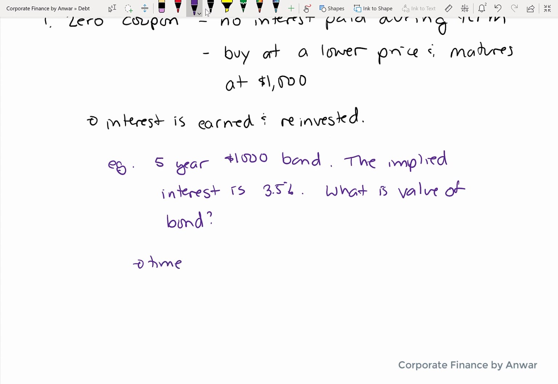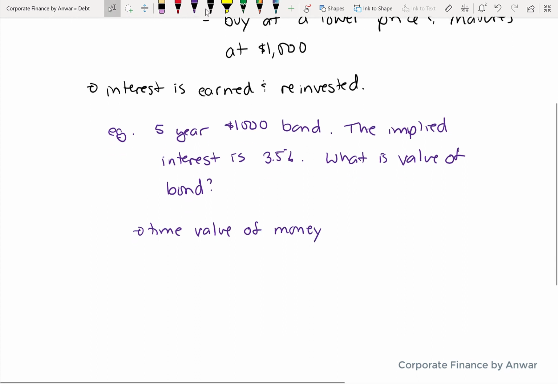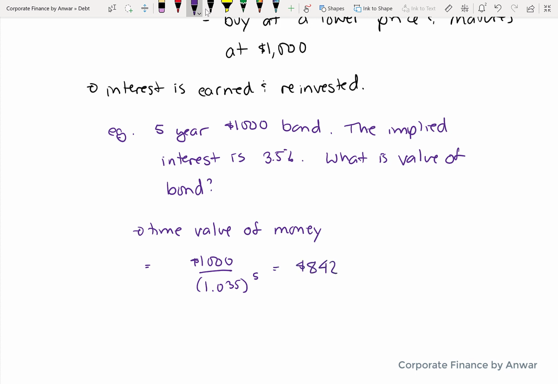Using the straightforward present value, time value of money formula, $1,000 in 5 years would be discounted by 1 plus the interest rate to the exponent of the number of years. So in this case, it'll be 1,000 divided by 1.035 to the fifth, which works out to $842.